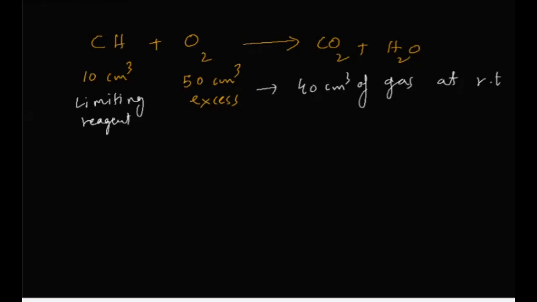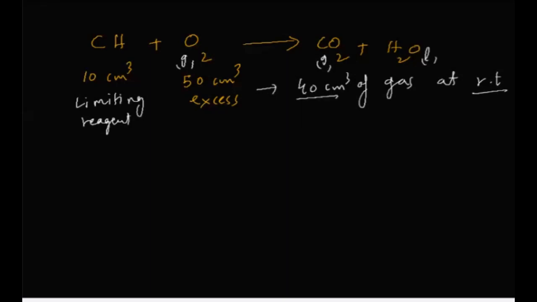So 40 cm³ of gas at room temperature. We will get the 40 cm³ of gas at room temperature by mixing 10 cm³ of hydrocarbon and 50 cm³ of excess oxygen. When we say room temperature, just look at the state symbols. This is a gas, this is a gas, and this is a liquid at room temperature.